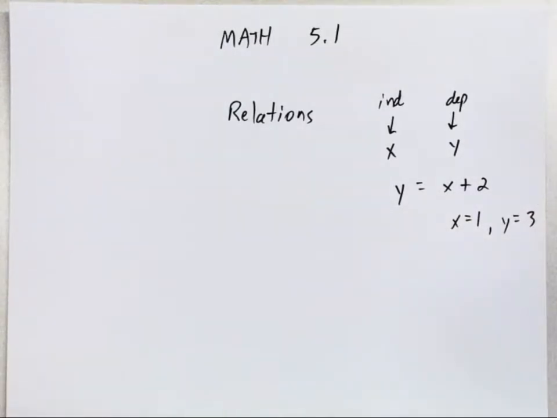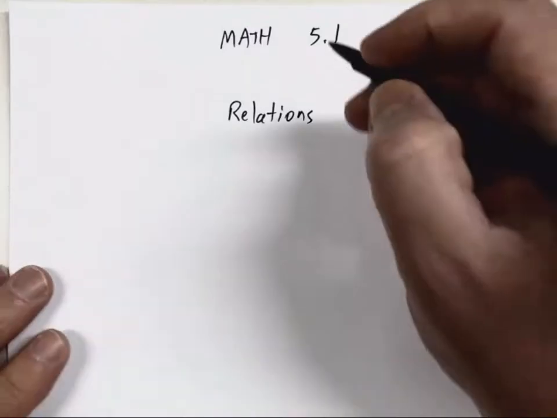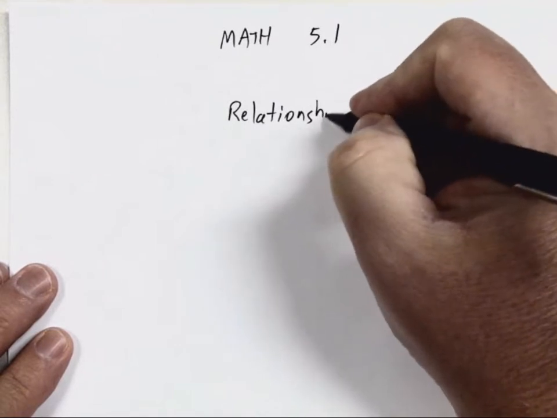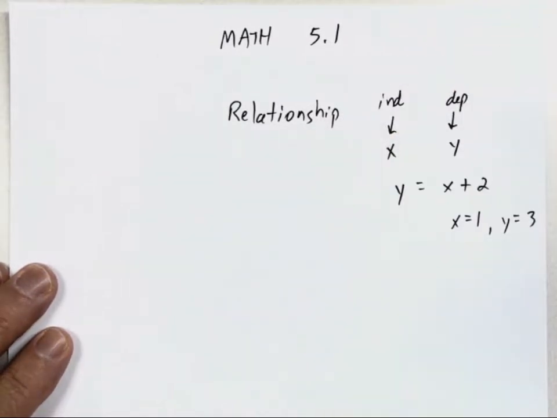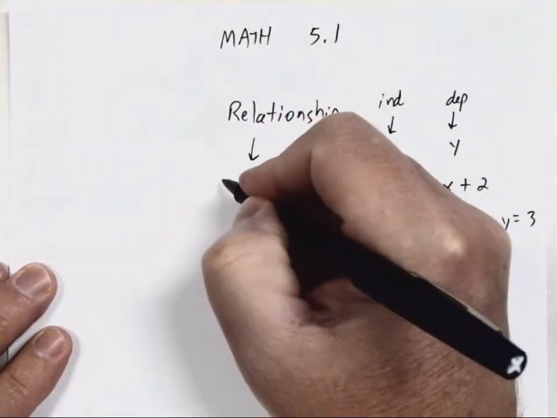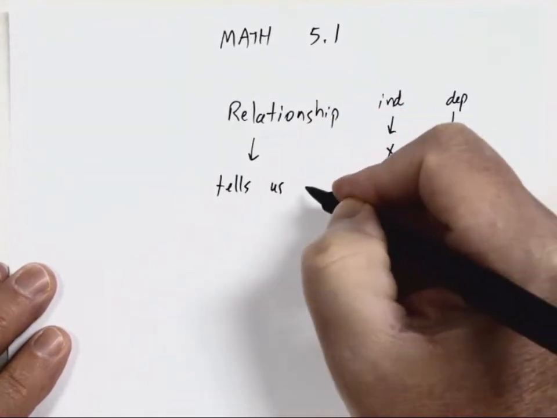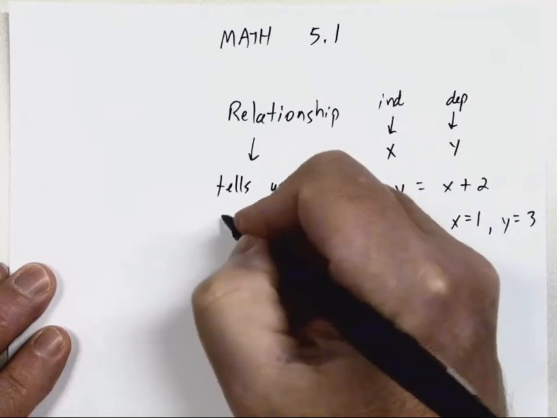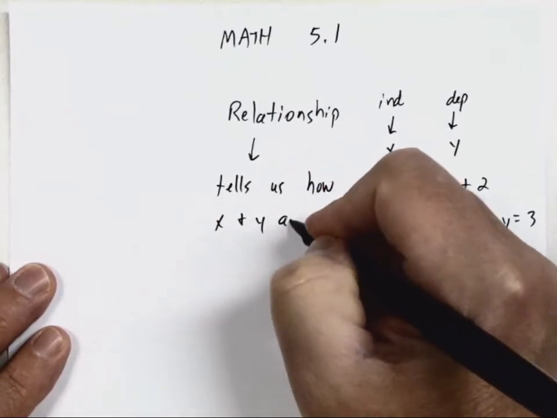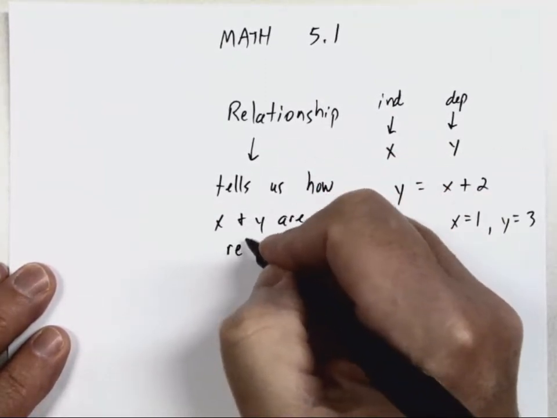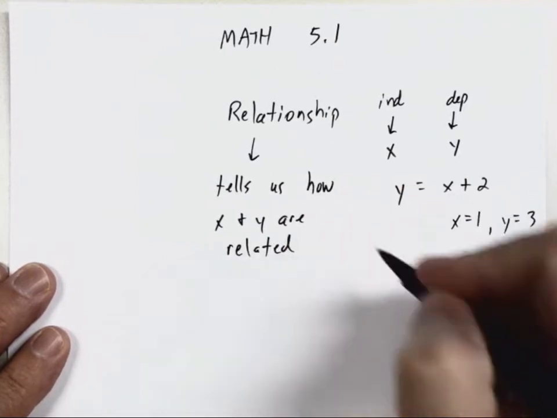So really, y depends upon the value of x. Now, in terms of the math world, the relation or relationship, in a sense, tells us how x and y are related.